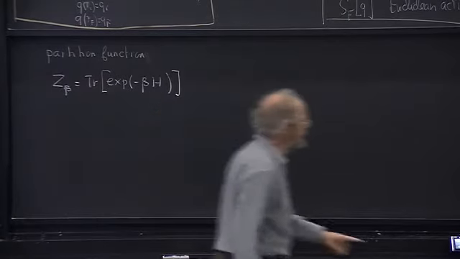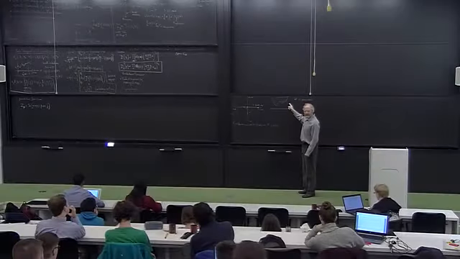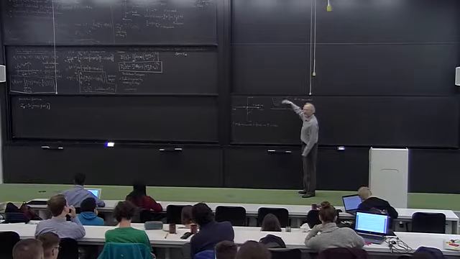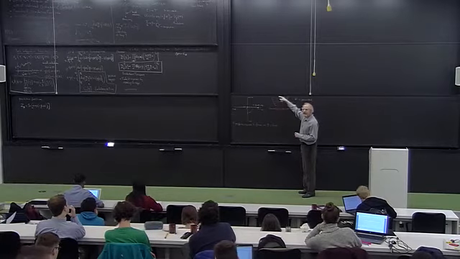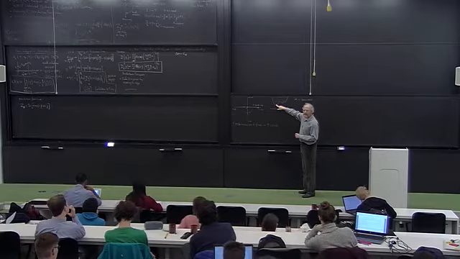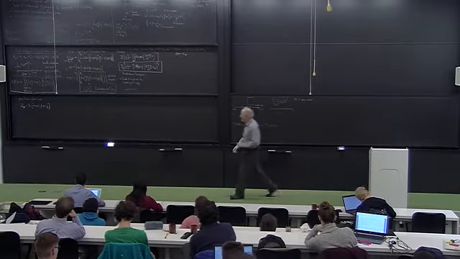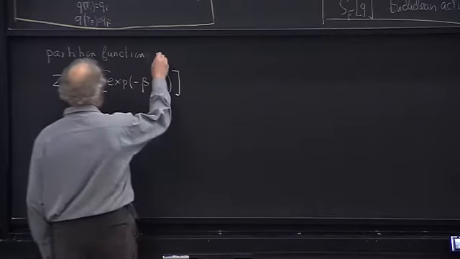A particle in a given potential, but in contact with a big thermostat, so that it exchanges energy, and it has some distribution in the different energy states. It's in its energy state with a probability distribution given by the Gibbs weight factor. So that's the partition function of this quantum system at finite temperature.